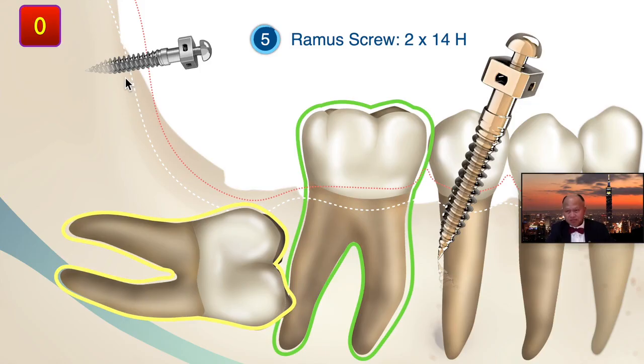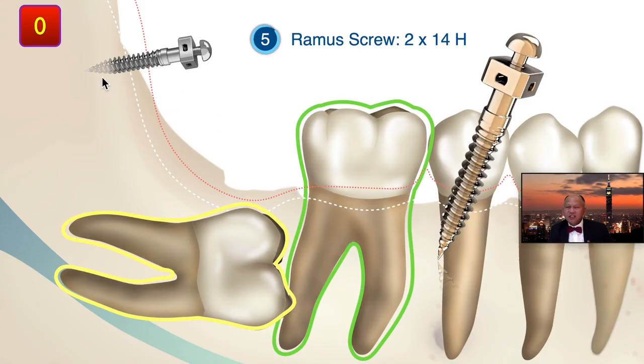So I put in this screw, which is 2 by 12. You have to have a longer screw because this area is covered with very thick soft tissue, a lot of mucosa right here. Otherwise, after you insert, you couldn't find the screw head because the buccinator muscle is right here, and on top of that, you have thick mucosa.